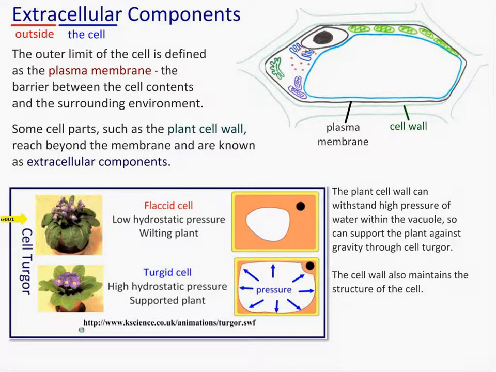You must have observed that when a plant is not watered for a very long period of time, I'm sure that this is it, right? And that wilting happens because of movement of water from inside the cell to the medium outside, right? That's the reason why you're looking at turgidity and flaccidity, and these two terminologies are more associated with plant cells than animal cells. What do you think?